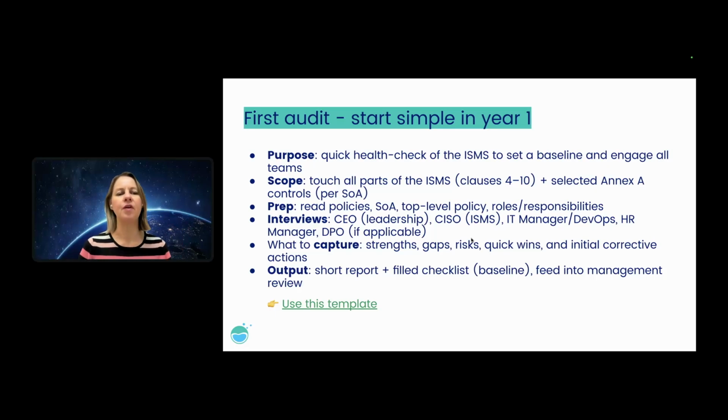details with all. Okay, so preparation for an audit is to check up on the policies, so you know what's in there, and the statement of applicability, the SOA. And in your top level policies, you should have roles and responsibilities, so you know who is in charge of what area, and so you know who to talk to, who to interview.